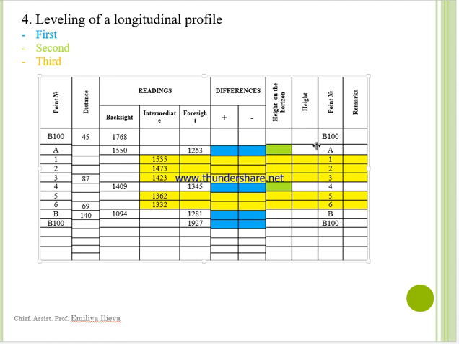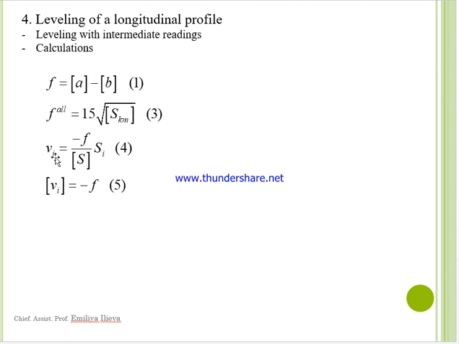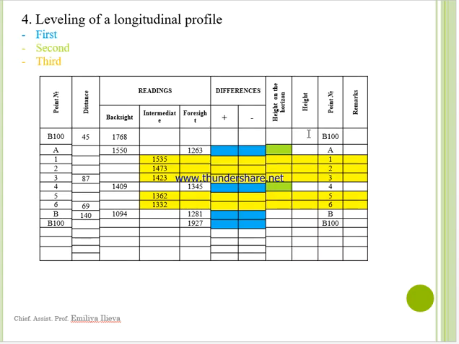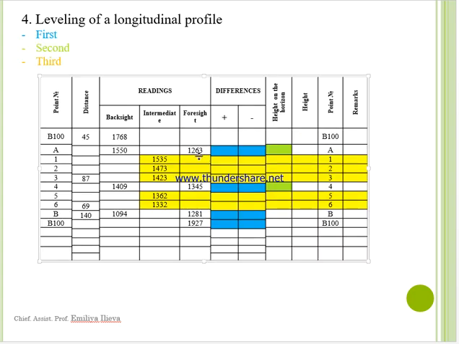Of course, before that, you need to calculate the corrections for all of these elevation differences according to this equation here. And then the height of the benchmark plus the first elevation difference plus the correction is going to give us the height of point A.